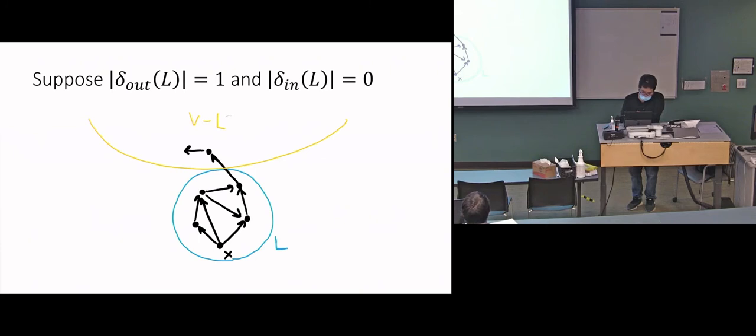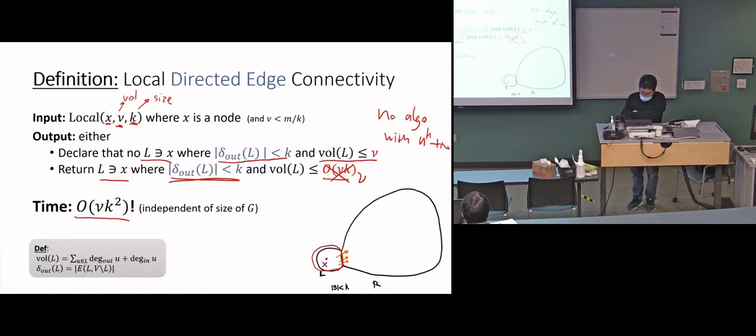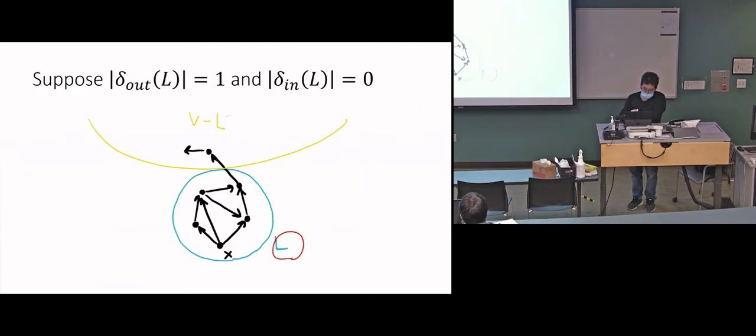Suppose there exists such an L, a small cluster containing x, and moreover, the number of edges going out of L is exactly 1, and nothing goes in. So it's like this.